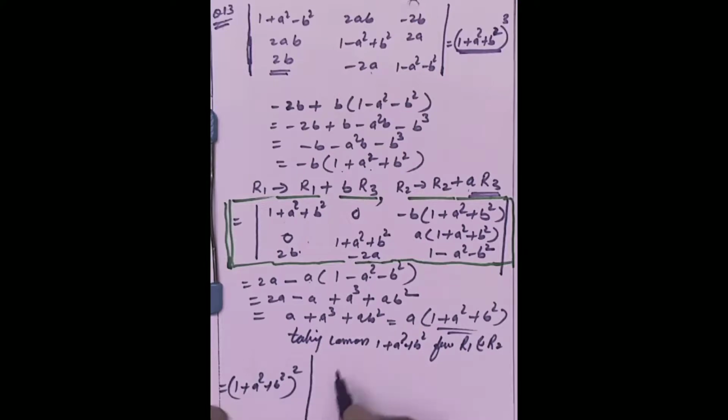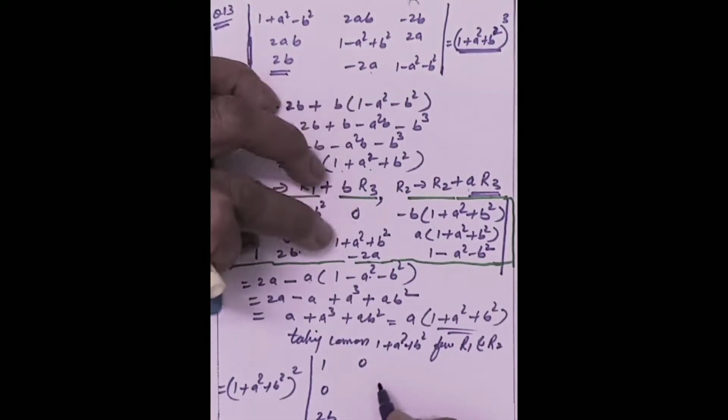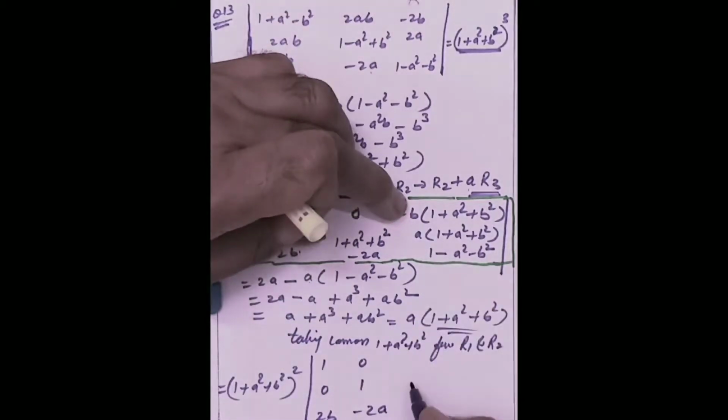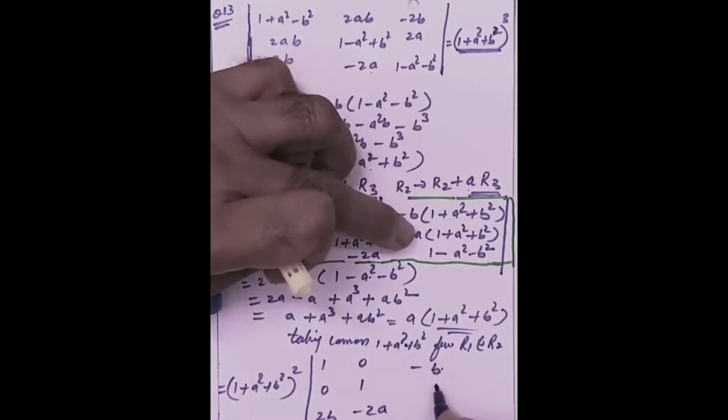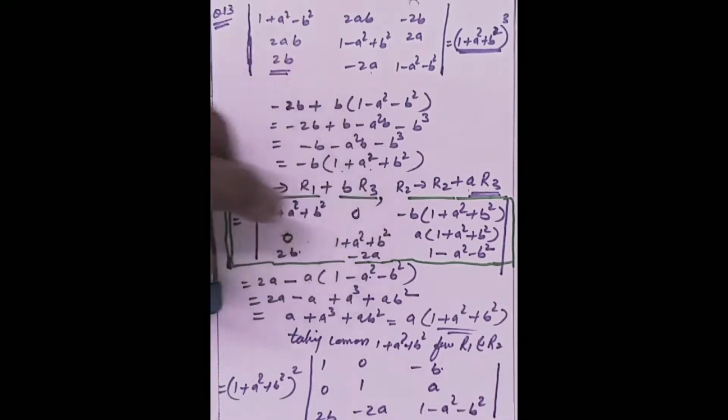Twice we are taking common, so whole square will come. Here it is remaining 1, 0, 2b, and here we have 0, 1, minus 2a, and here we have minus b and a, and then 1 minus a square minus b square. So now we will expand it.